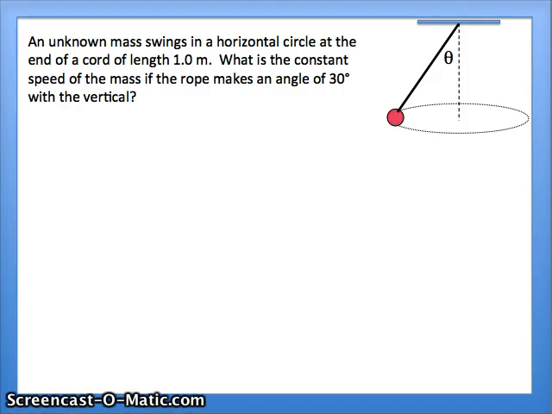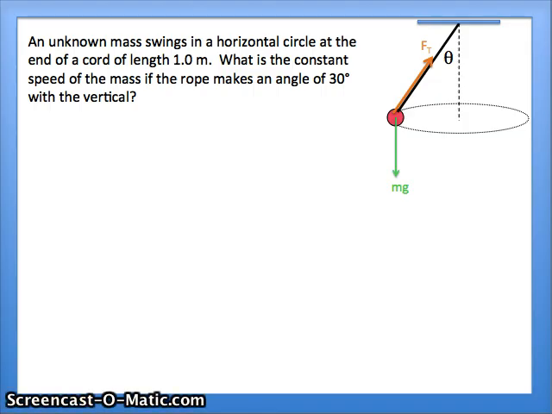All right, so let's go ahead and put some forces in our diagram, sort of see what we have to deal with. So we have the weight force, and then the only thing touching the mass is the rope. And so that would be the only other force acting.